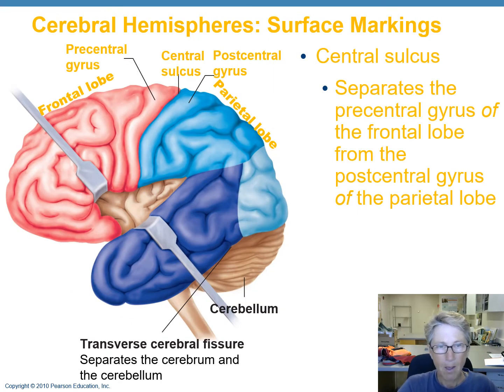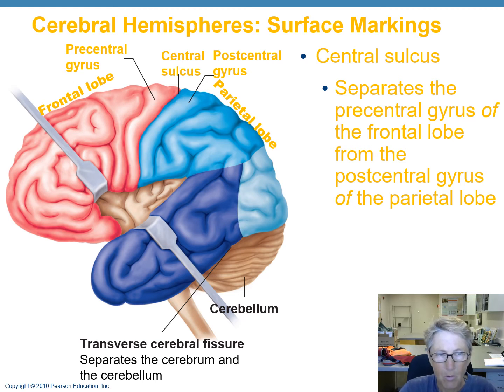Now we said that there are gyri and sulci, or a gyrus and a sulcus, and you find those all over the surface of the cerebral hemispheres, or the cerebrum. But then some sulci get special names.